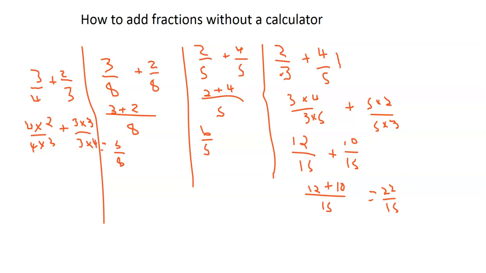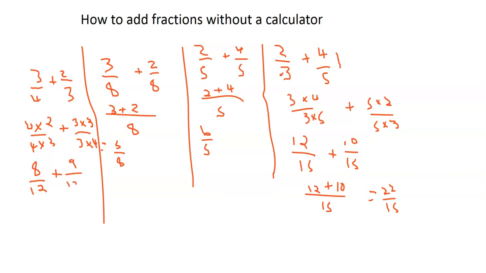Now we've got all the numbers. So we multiply 4 times 2, that will give us 8, over 4 times 3, that will give us 12. Plus 3 times 3, that will give us 9, over 3 times 4, that will give us 12.